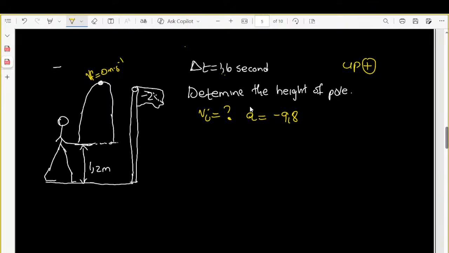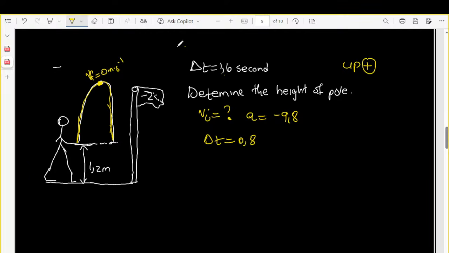They said that the ball is in the air for a total time of 1.6 seconds. So this tells you that to move from this point, reach its maximum height, then start coming back, the ball took 1.6 seconds. So to go up, delta t is half of 1.6 seconds, which is 0.8.